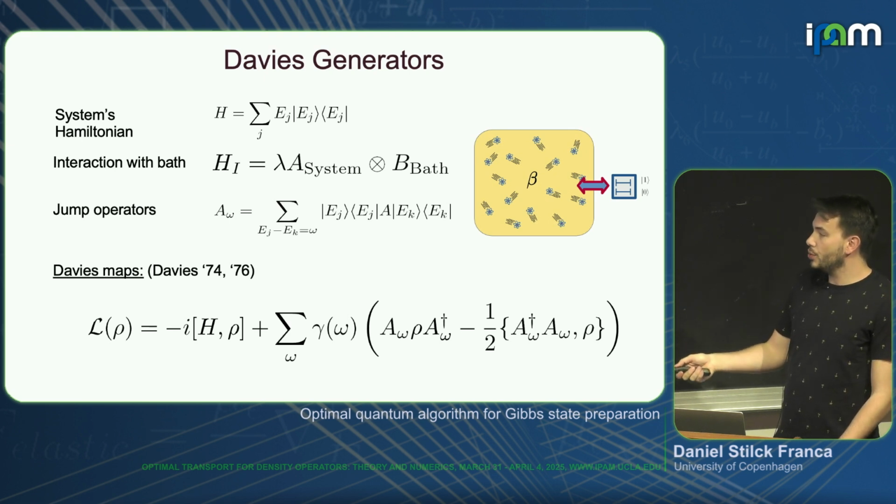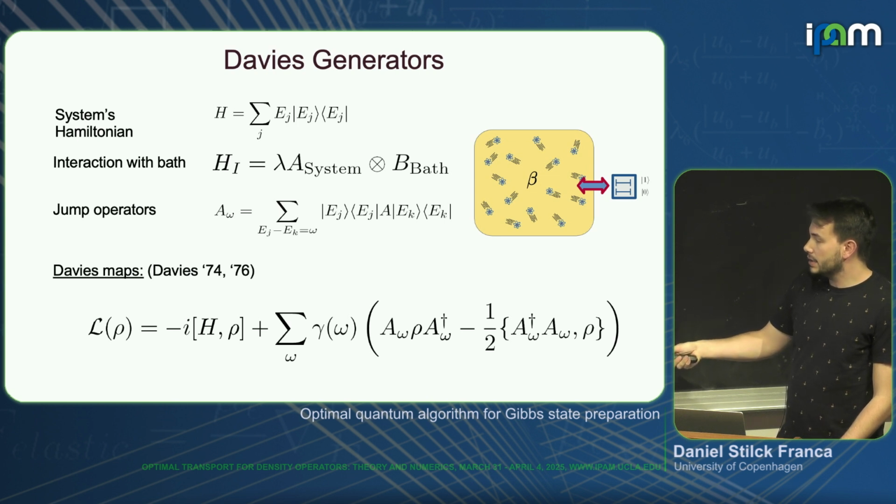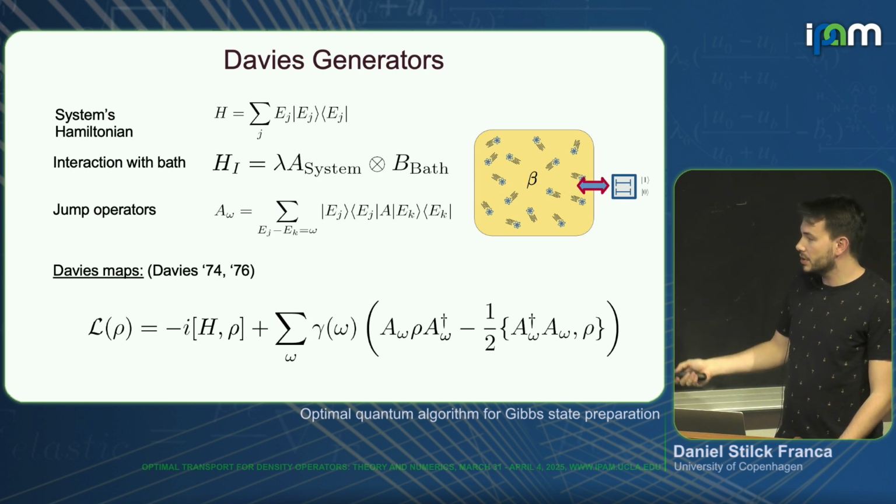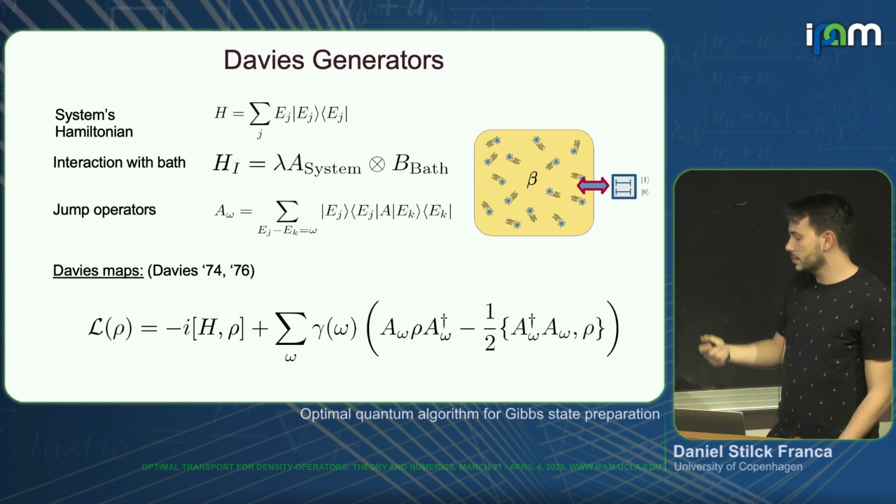You can actually show that the dynamics of the system will indeed be of this e to the tL form I showed before, where L has this form over here. These A omegas are the so-called jump operators, which are defined over here. So this is the so-called master equation. What is the bracket?